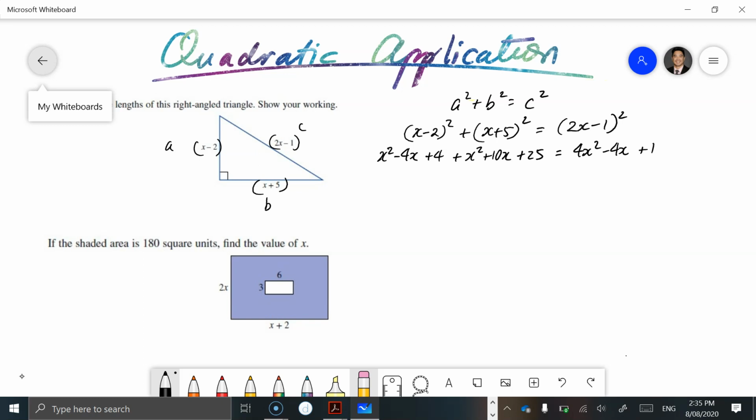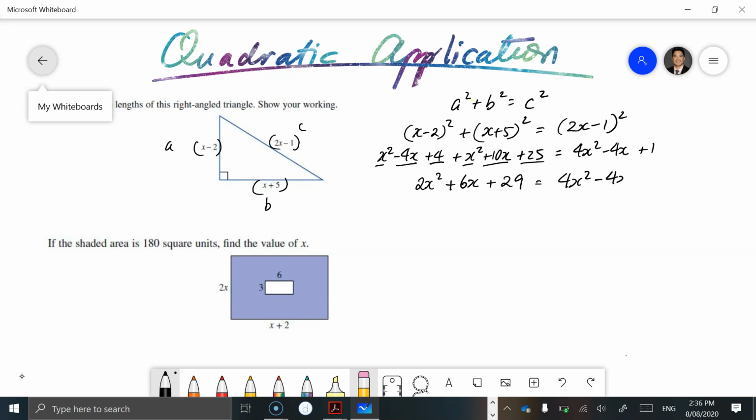So now that we've got everything open, we're going to combine like terms. So we've got x squared and x squared, which is just 2x squared, minus 4x plus 10x is going to be 6x, and then 4 plus 25 is 29.